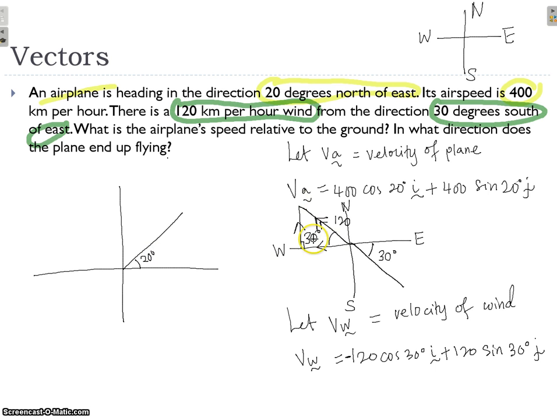We combine with this diagram, because it says 30, it's here 30. So this is roughly the resultant vector. This is VA, velocity of the plane. This is VW, velocity of the wind. For the resultant vector, maybe we just use VG.